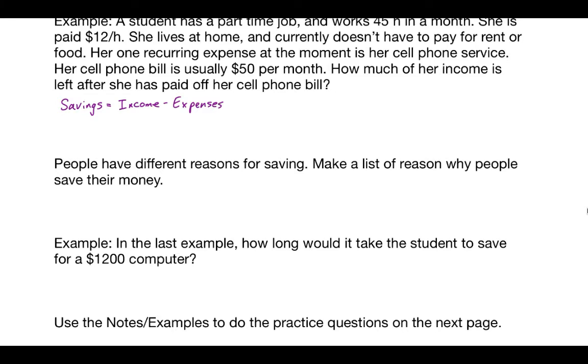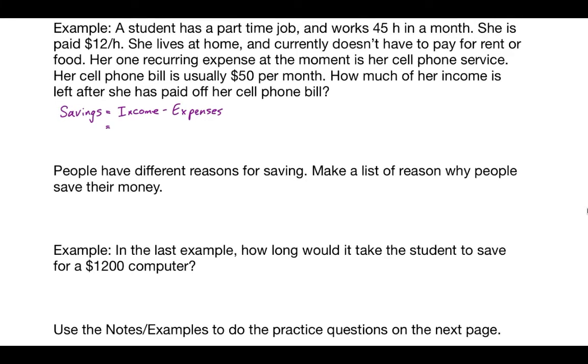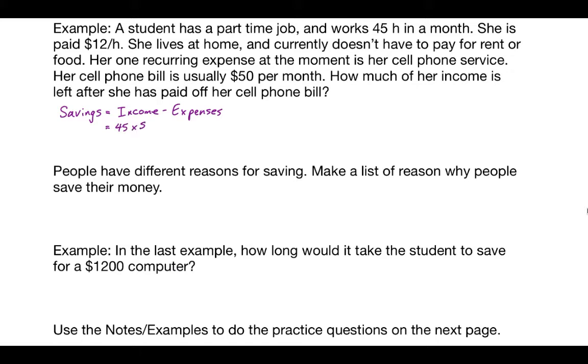All right, so to calculate income, we're going to take the number of hours that this person works in a month, which is 45 hours, and multiply by how much she gets paid per hour. So 45 times 12. And then we're going to subtract her expenses, which are only the $50 for cell phone bill.